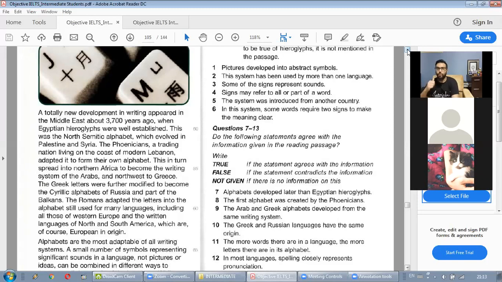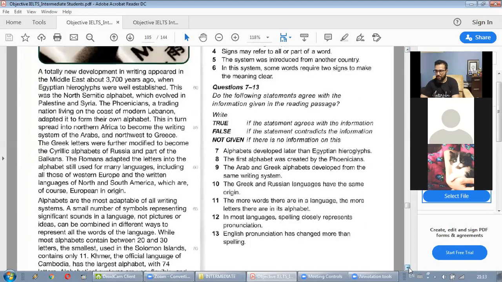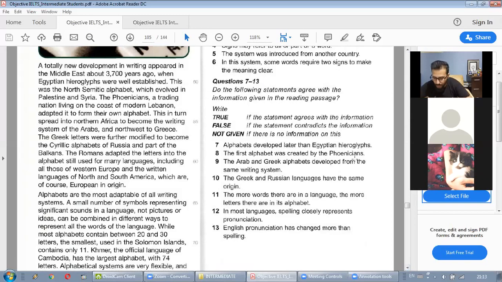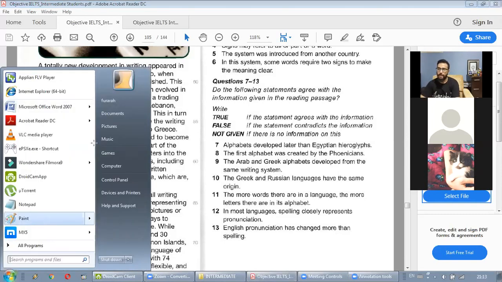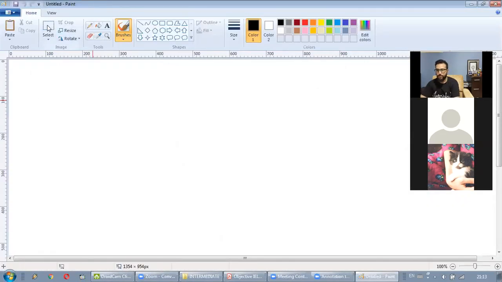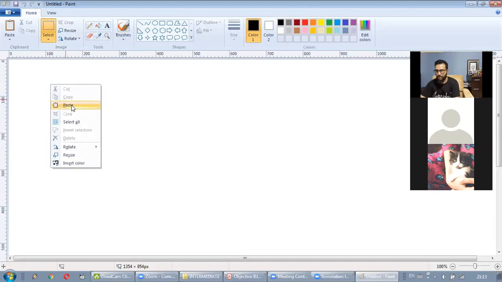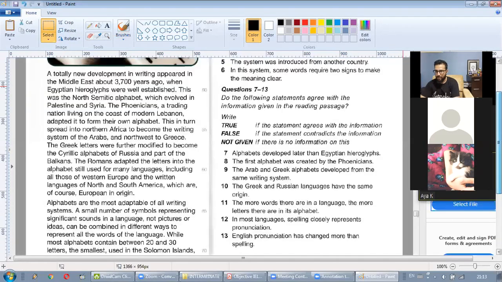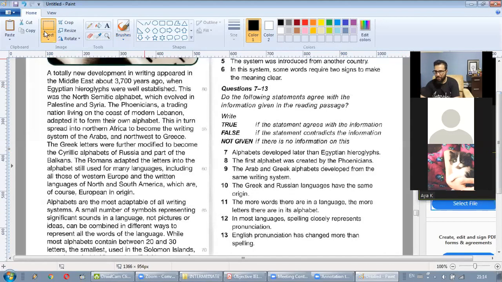Okay, this time we want to skip skimming. So I'm going to quickly take a screenshot of this question. Let's see if you just go ahead and do the questions right away, maybe this will save us time. And this way we can do this question even faster than the last one.